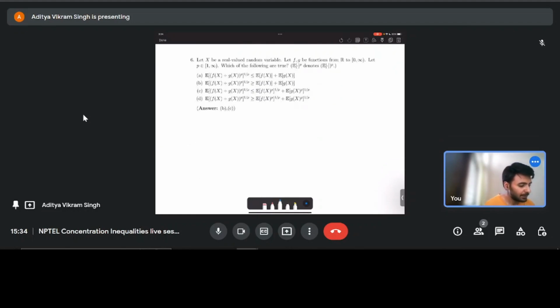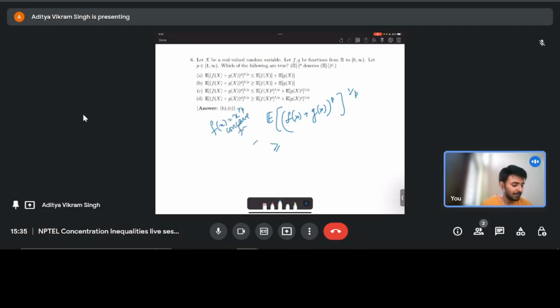Question number 6. Let x be a random variable, f and g be positive, non-negative functions. Let p be from 1 to infinity. Which of the following are true? It's the expected value of (f(x) plus g(x)) to the p, the whole to the 1 by p, right? And we know that x to the 1 by p is a concave function.